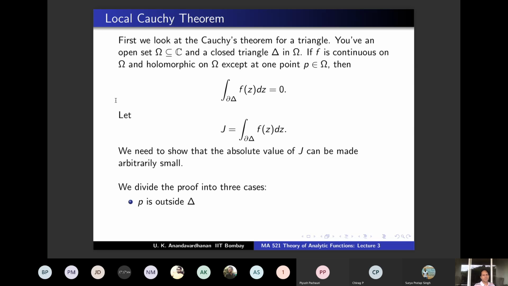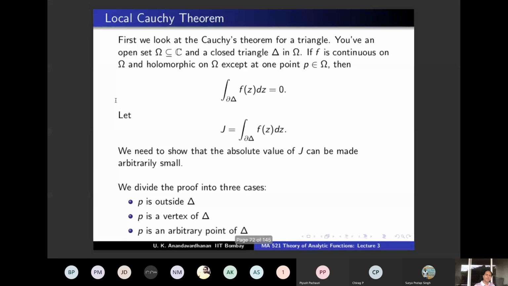At P you don't have differentiability. So case 1 is P is outside delta, outside this closed triangle. Case 2 is P is a vertex of this closed triangle, and case 3 is the remaining case, P is an arbitrary point of the triangle. In all these 3 cases, we are going to show that j is 0.